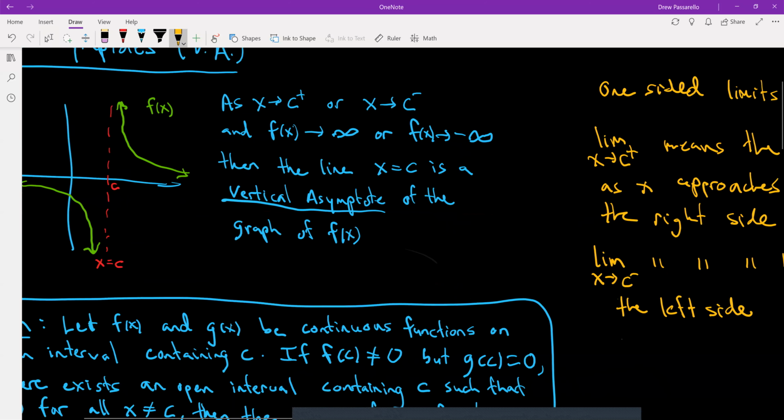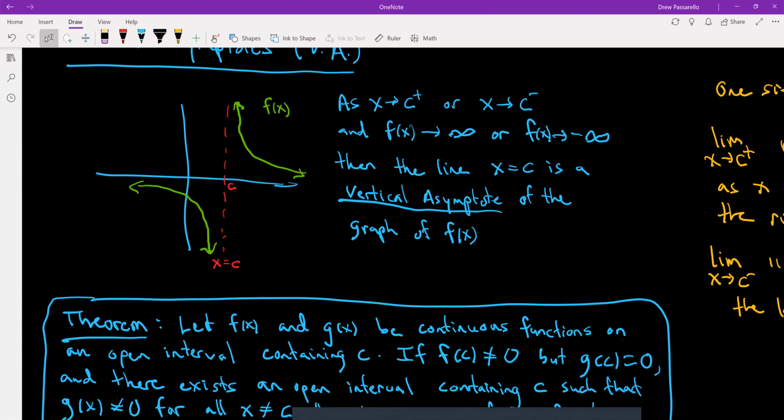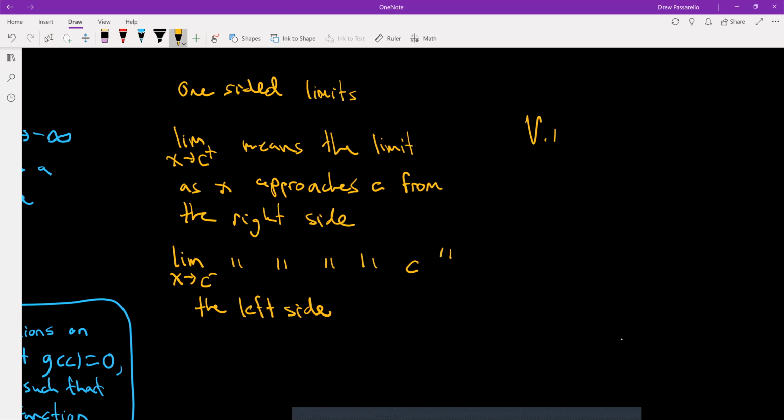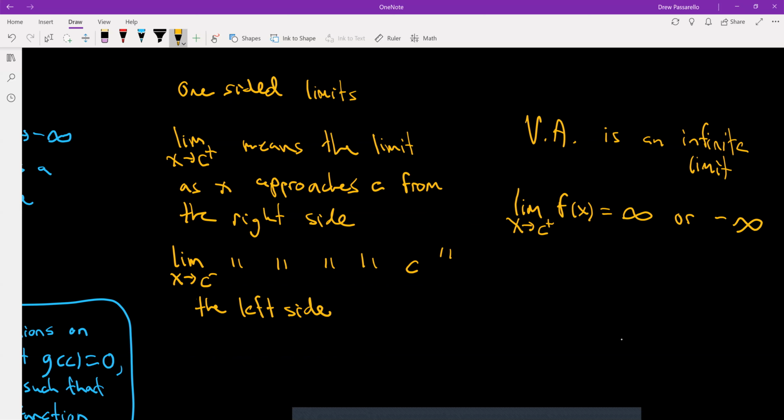And really, the vertical asymptote is an infinite limit. All right, so it's either x approaches c from the right, if that equals either positive infinity or negative infinity.